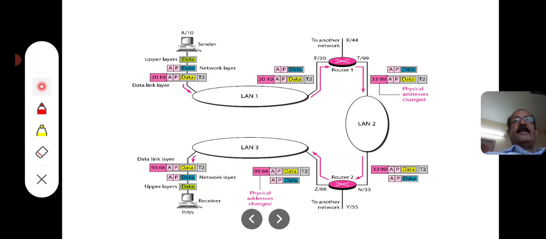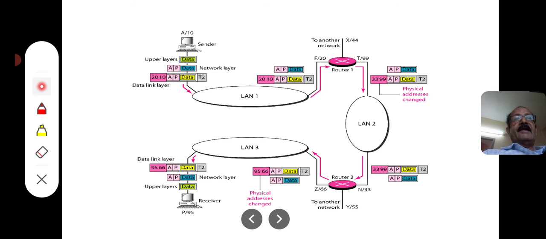A is the IP address, 10 is the physical address of the sender. Similarly, the receiver has P as IP address and 95 as physical address. There are three LANs. Each LAN has one input point and one output point. Two routers are used. A router has three connections. One connection is for the network layer. The other two connections are being used here.